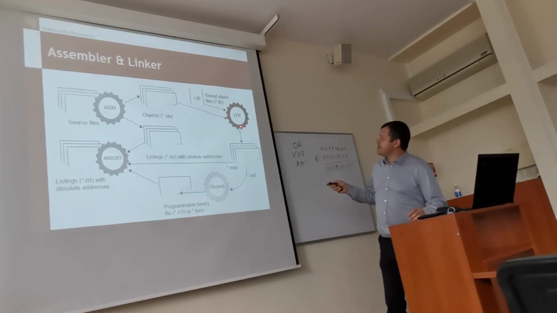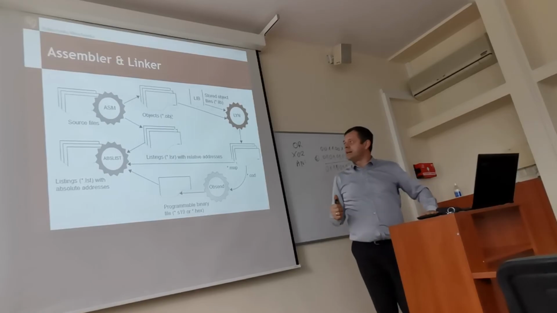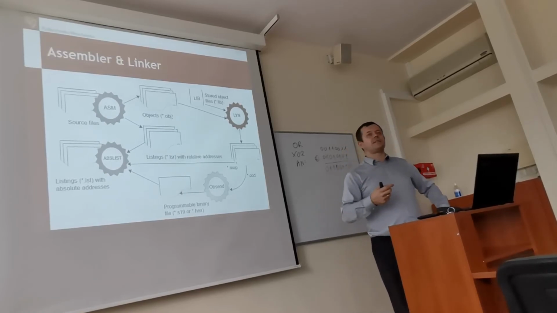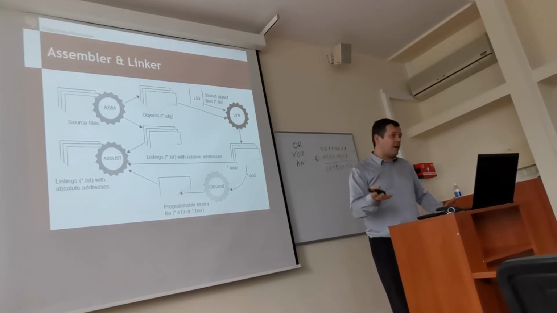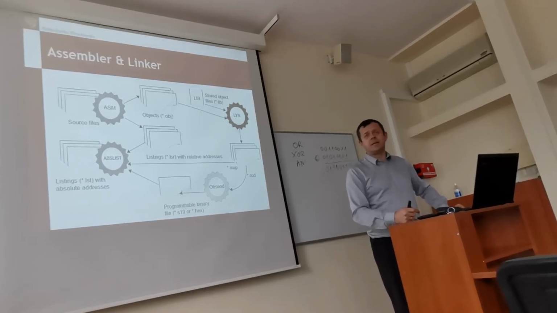So of course the very important thing in case of the linker is the addressing. Here the linker links all the objects plus the make file, because usually there is a make file that sometimes we have to edit ourselves, and sometimes it's automatically managed under the hood by the development environment.